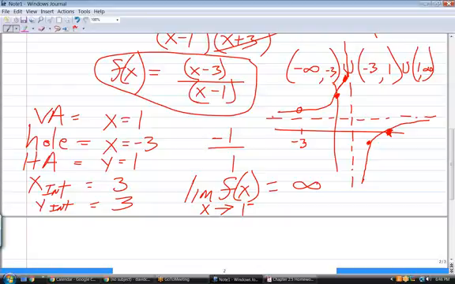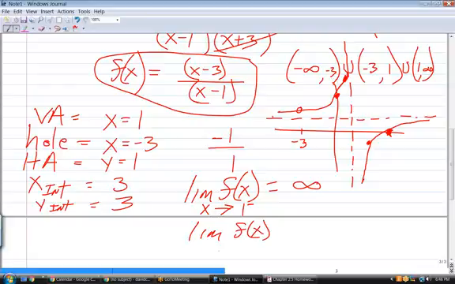Okay. And what is the limit of f of x as we approach 1 from the right side? Negative infinity, because it goes down. Correct. Yeah, that's exactly what it is. The way we do these limits as we approach from the left and the right is basically get on the x-axis.